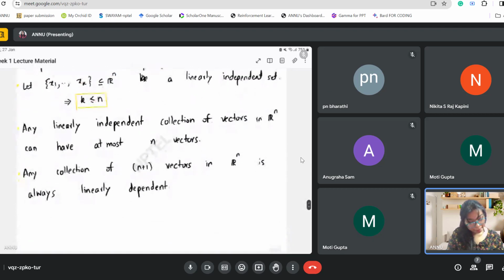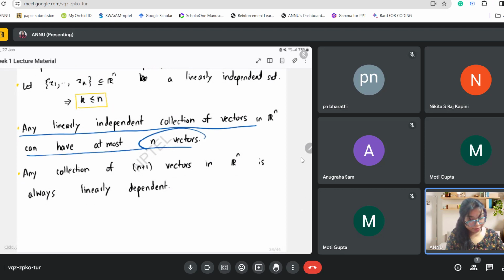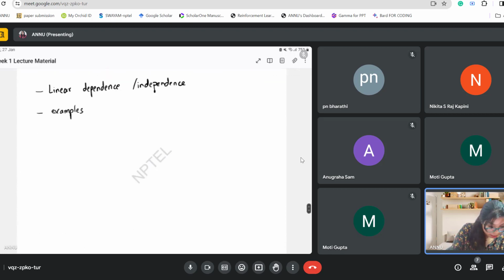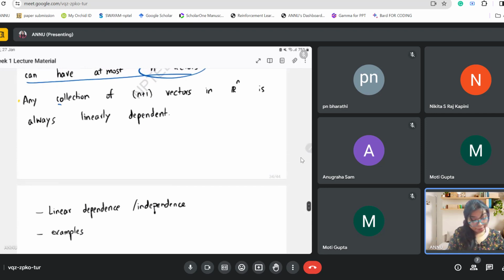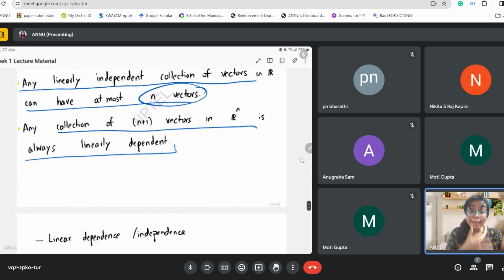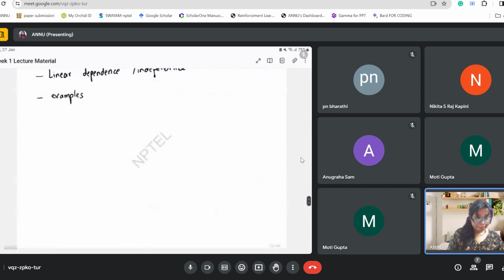Also, one of the properties: any linearly independent collection of vectors can have at most n vectors. It cannot have more than n vectors. You can follow this from the linear combination of vectors. Any collection of n plus one vectors will always be linearly dependent.